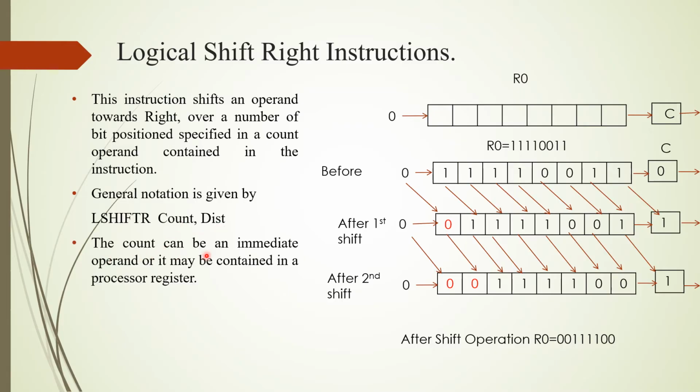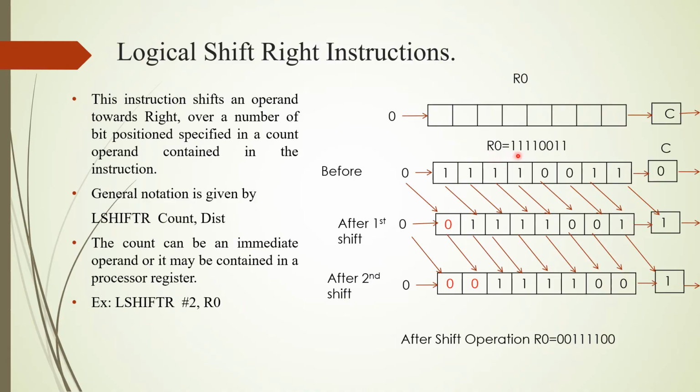The count can be an immediate operand or it may be contained in a processor register. LShiftR #2, R0 is a logical shift right instruction where the number of shifts to be done on the operand content is specified in the count. Here it is 2 and the operand is R0.